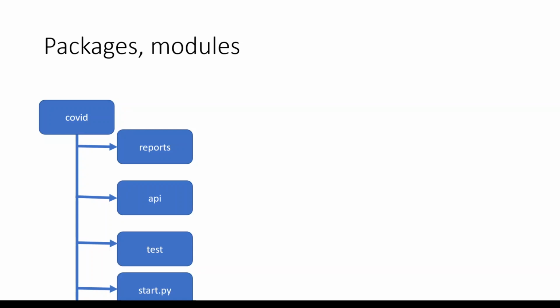For simplicity, let us just think of it as a folder. So reports is a folder, API is a folder, test is a folder, and then there is a file which starts all of these processes. Maybe it connects to a database, and then it connects to an internal server or something like that. So that is the starting point of this project.